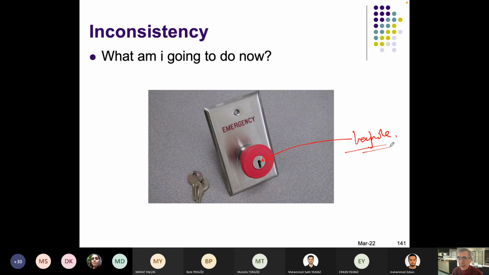How do you know that it is not locked? You don't. So this is kind of dangerous and can be used for special purposes, where locking is very important.